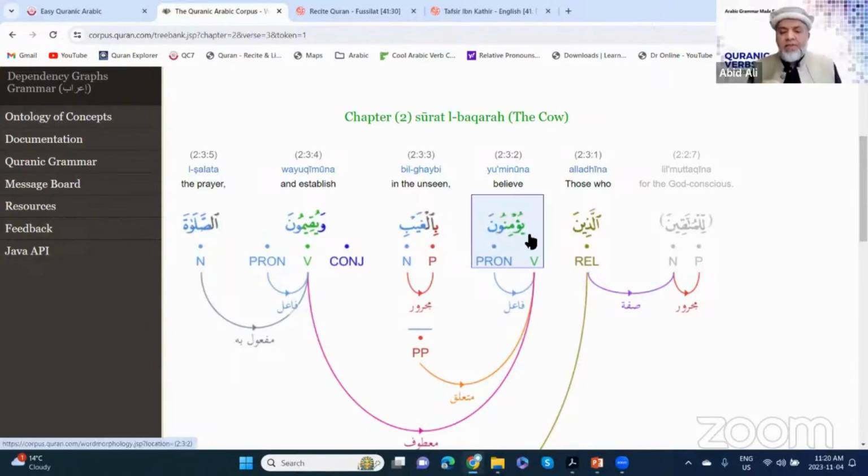This exercise is going to help us identify that we know our verbs now. We know the verbs are of present tense, future tense, or madi. So the moment I see the ya in the beginning, that's my indication number one that I'm dealing with the fi'l al-mudari. So yu'minuna, those who believe.